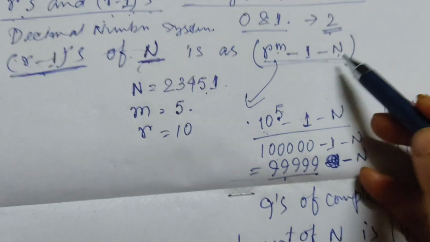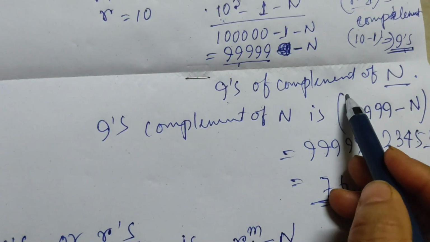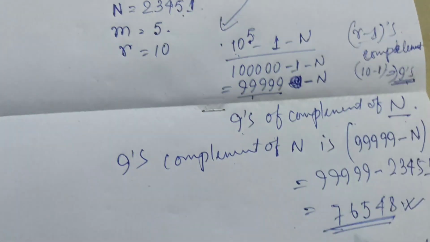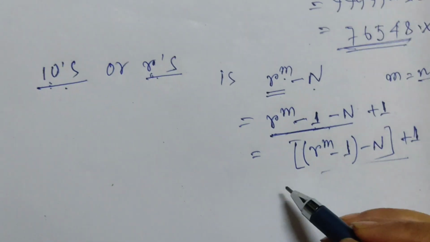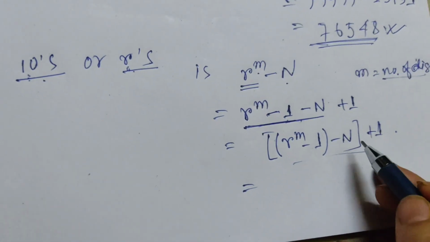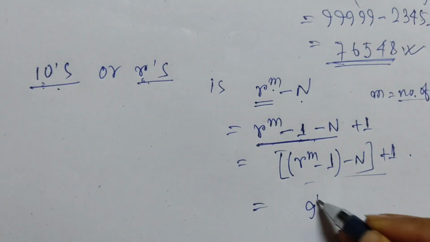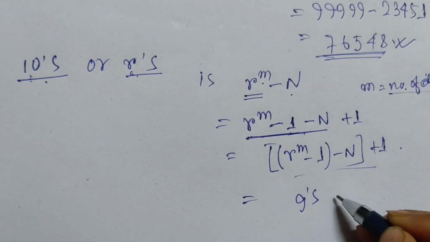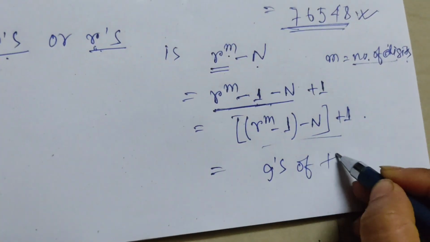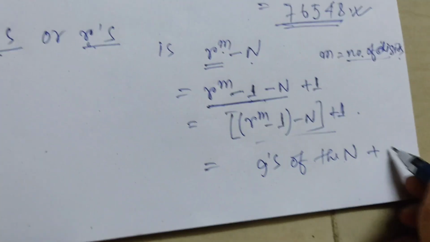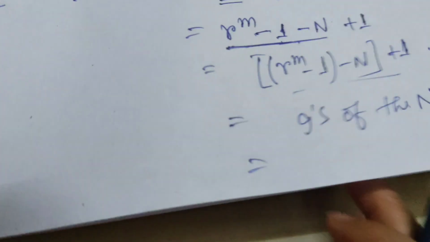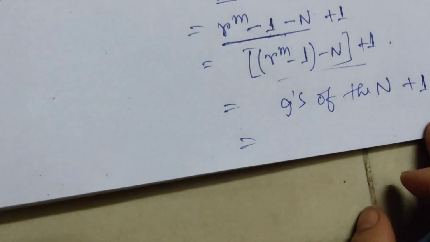That means the r minus 1's complement is the 9's complement of n. So when we are trying to find out the 10's complement of a number, we can simply say it is the 9's complement of the number plus 1. So easily we can find out the 10's complement of the number.